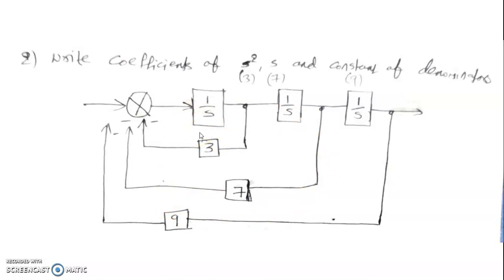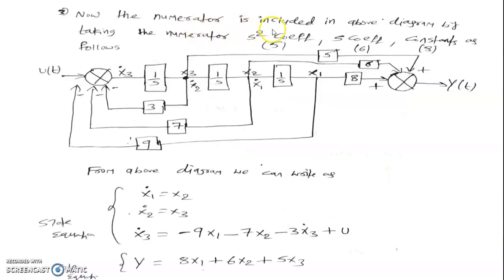Now we will see how the numerator term is appended to this diagram. The numerator given is 5s² + 6s + 8. This can be inserted by first taking the constant 8. Keep this constant 8 after the 3 integrations in the previous diagram. Next take the s coefficient 6, which you insert in this path here, and the s² coefficient is 5, so prior to this integrator you write the s² coefficient here.